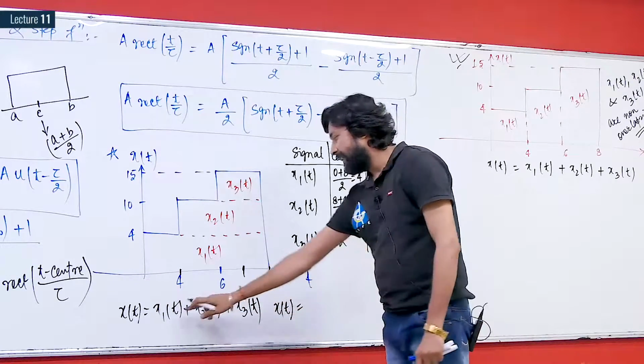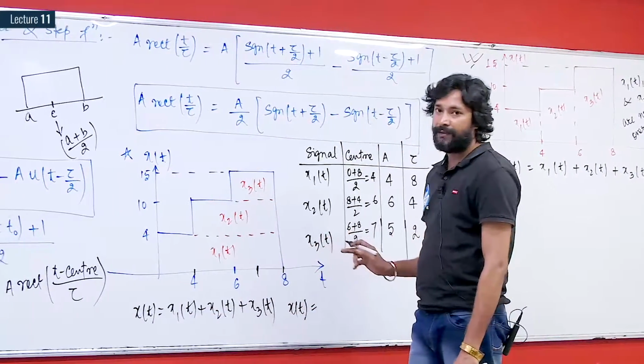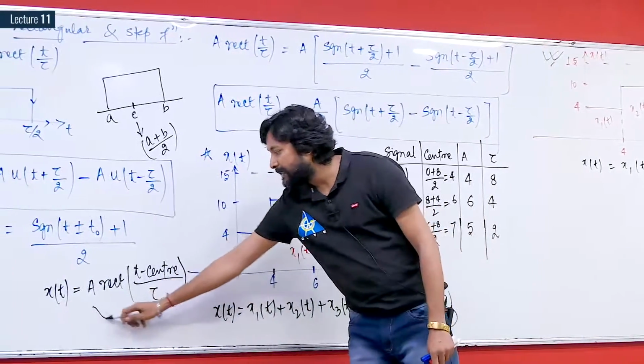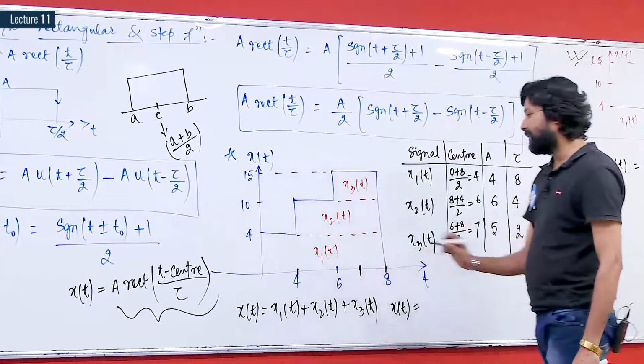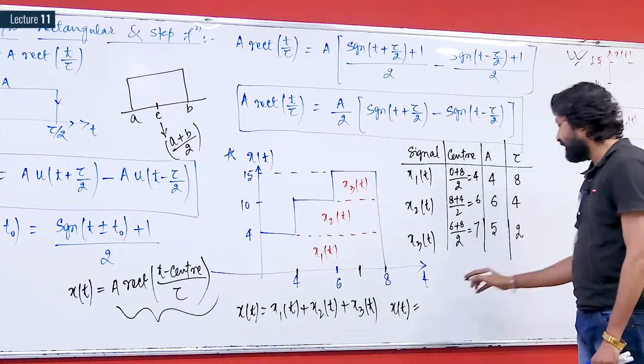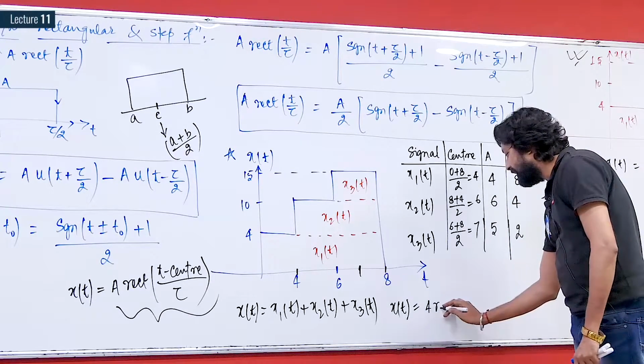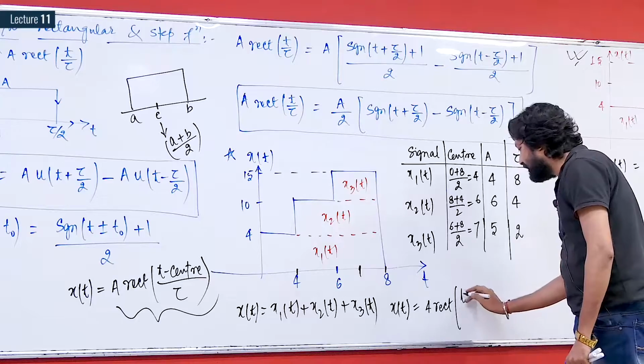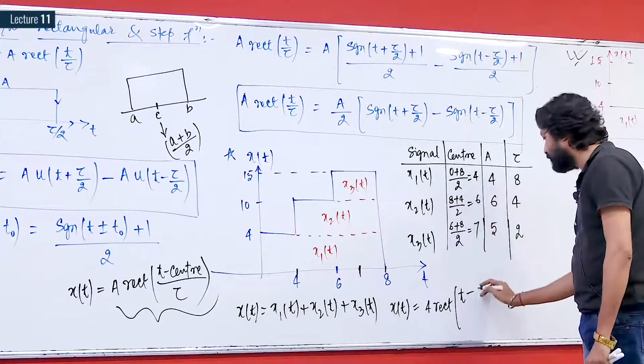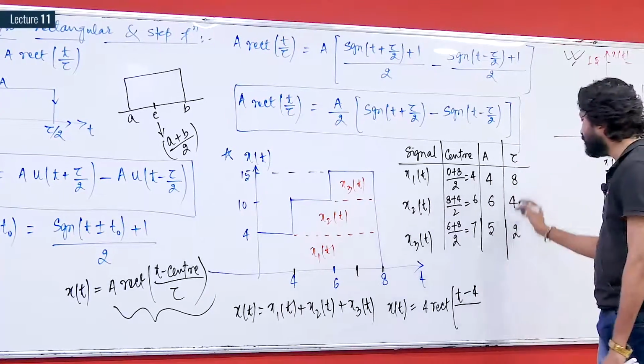So you can just represent x of t as equal to x1 of t, x2 of t and x3 of t, all following this representation. For x1 of t, the representation is A, that is 4, times rectangle of (t minus center, that is t minus 4) divided by tau, that is the total width, 8.